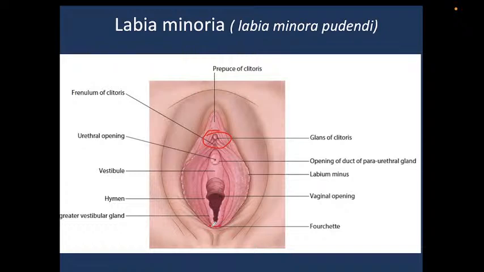Posteriorly they gradually decrease and become thinner, connect with each other and form a transverse fold we call the frenulum of the labia or fourchette.